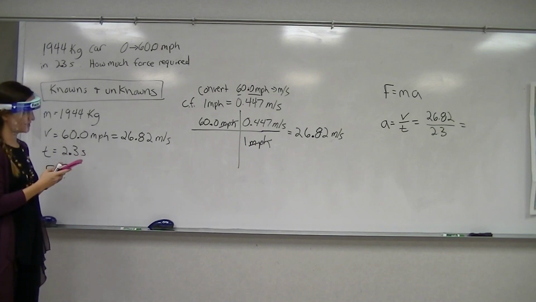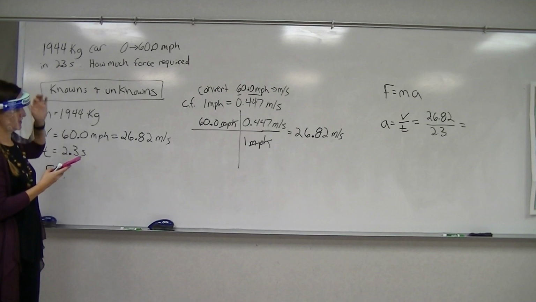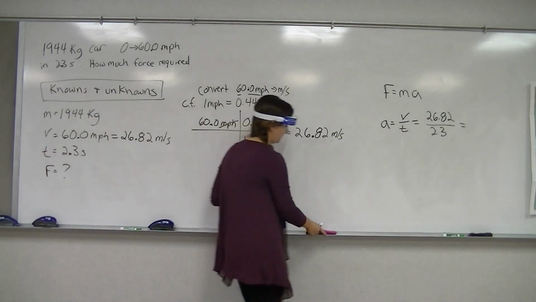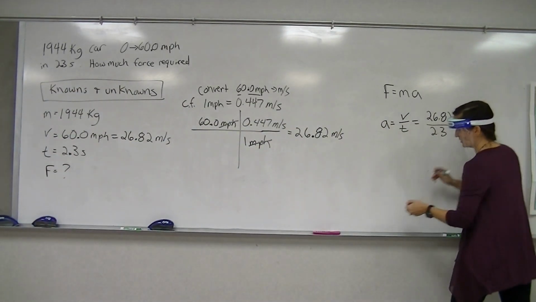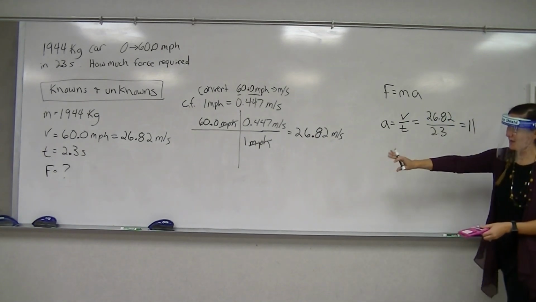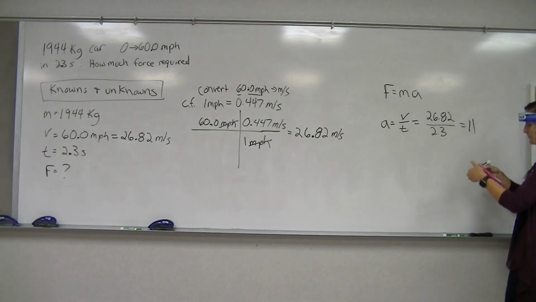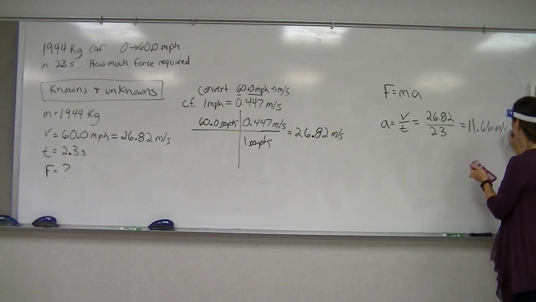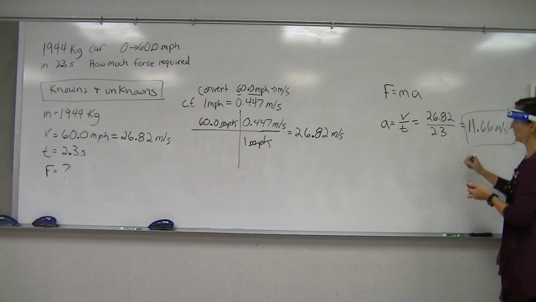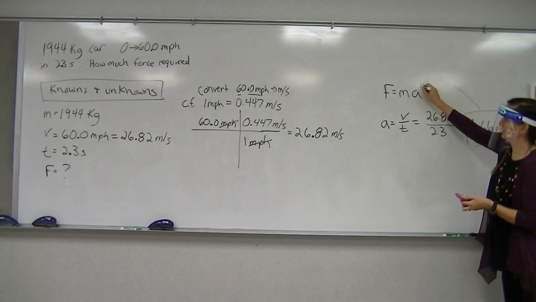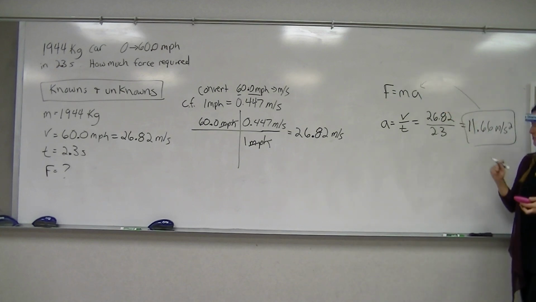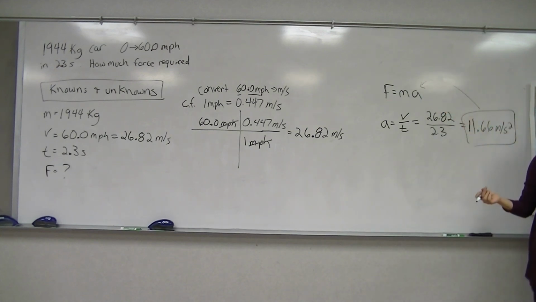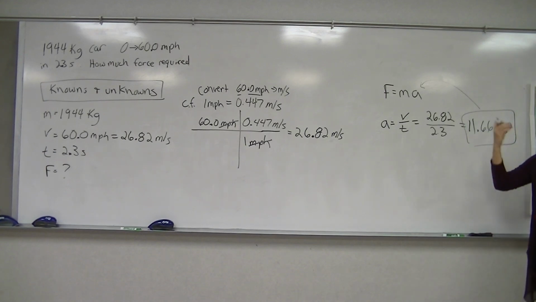And this time, since this isn't my final answer, I'm not going to worry about sig figs again. So 11.66, I'm just going to keep as many digits as I can, because this acceleration is going to be plugged into that equation. The more digits I keep, the more accurate my final answer will be. So only worry about sig figs for the answer you're reporting, not for these in-between steps.